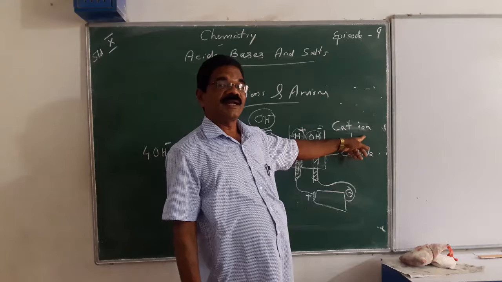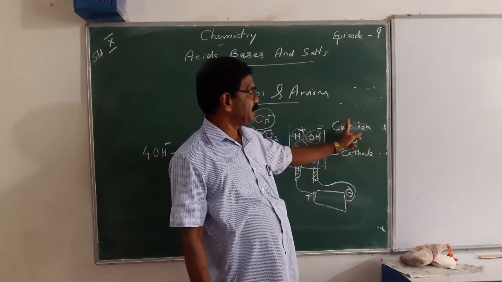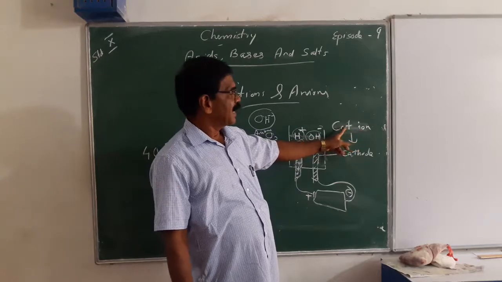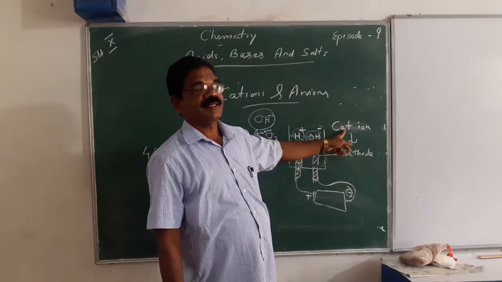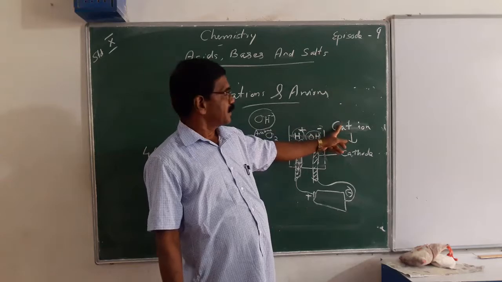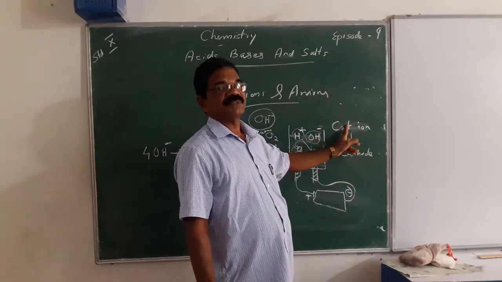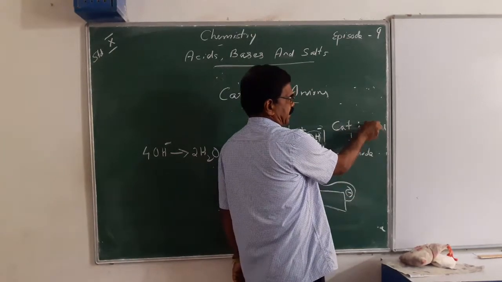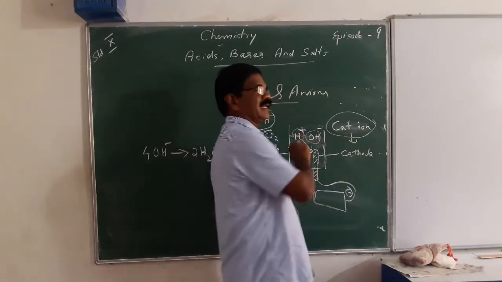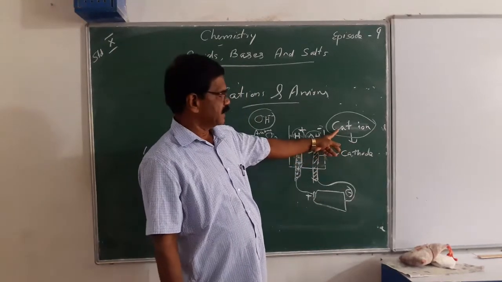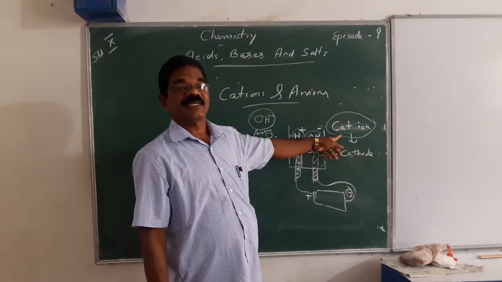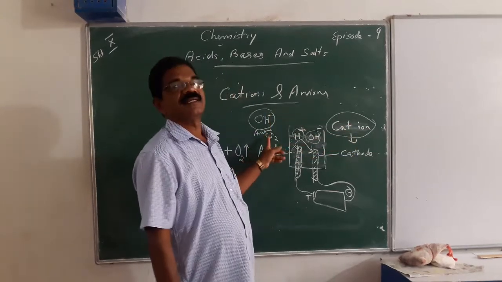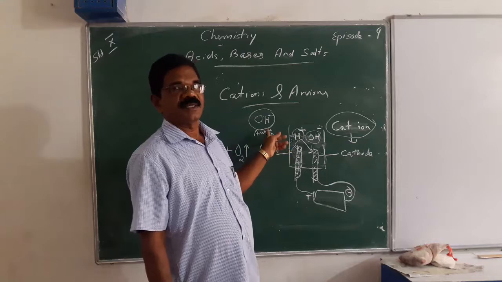What is a cation? Ions that move towards the cathode. Cathode is negatively charged, so which ions does it attract? Positive ions. So cations are positively charged ions which move towards the cathode. Charge of cation is positive. Charge of anion is negative. You understand?